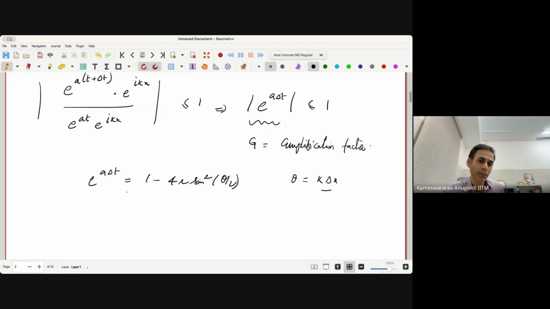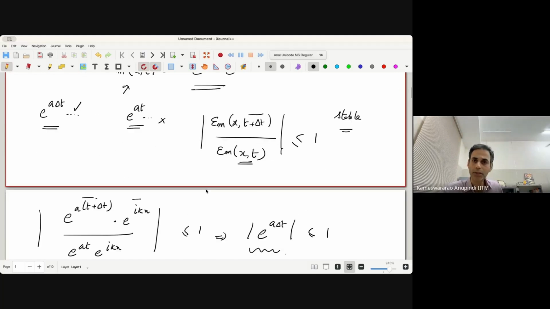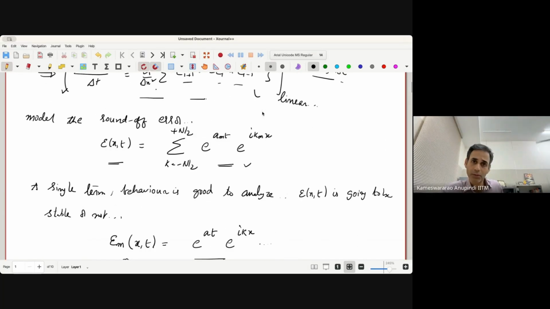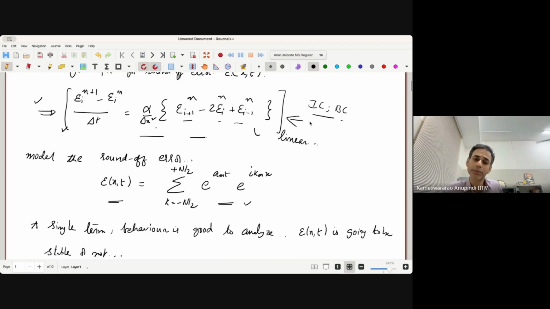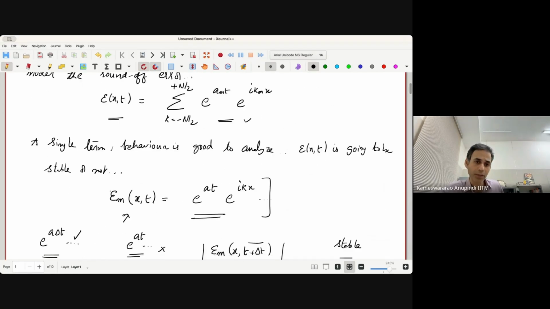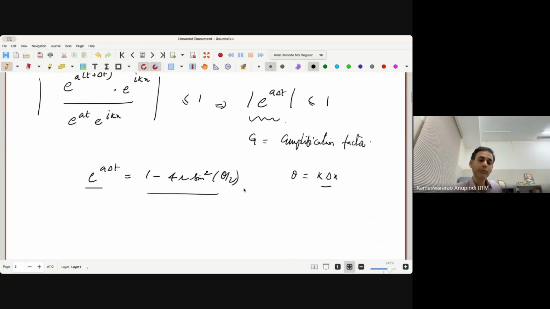That is what we got from this equation by substituting for epsilon m x t equals e to the power a t e to the power i k x. Then what we want for this explicit Euler method is the amplification factor, which is the left hand side of this equation, to be less than or equal to 1, that is e to the power a delta t less than or equal to 1.